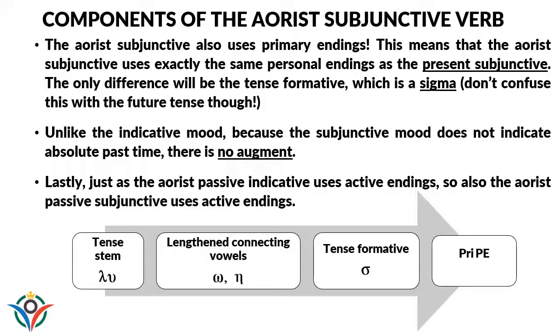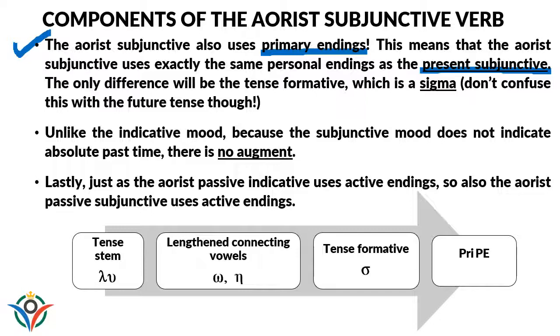And now let's learn the components of the aorist subjunctive verbs. So the aorist subjunctive also uses primary endings. This means that the aorist subjunctive uses exactly the same personal endings as the present subjunctive.